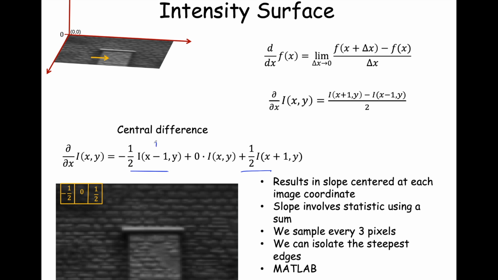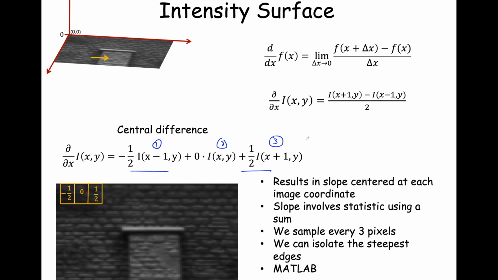Here's sample number 1, I of x minus 1 comma y. Here's sample number 2, I of x,y. Here's sample number 3, I of x plus 1 comma y. And so with this, you can isolate the steepest edges and therefore find the edges, whether they're horizontal or vertical, in the entire image. Okay, and so let's take a look at this in Matlab.